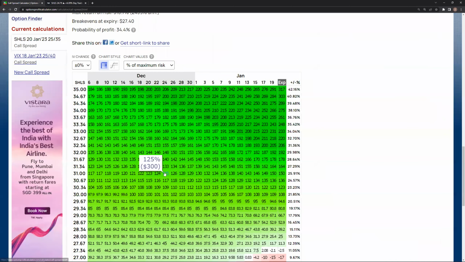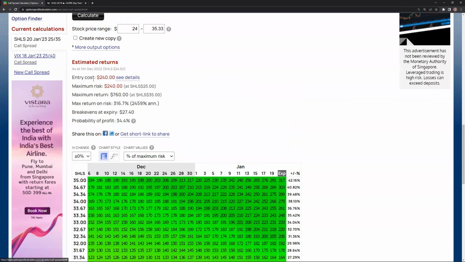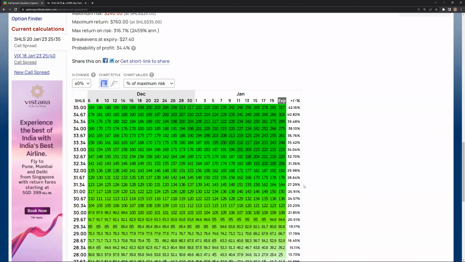If the share goes to 31 by expiry, I will get a 150% return, which is $360. So I am spending $240 for a $360 profit.